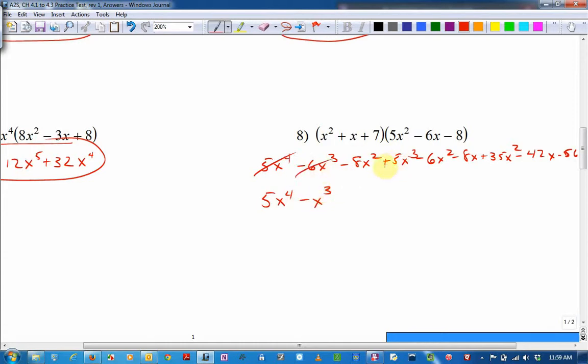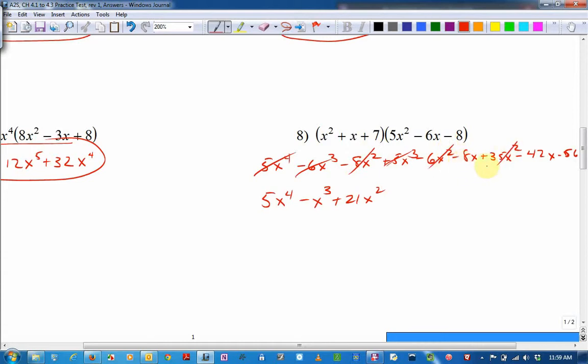Then I have, let's move to the squares. I have a minus 8x squared minus 6x squared plus 35. So I have 35 minus basically negative 8 minus 6 is minus 14, so that would be plus 21x squared.